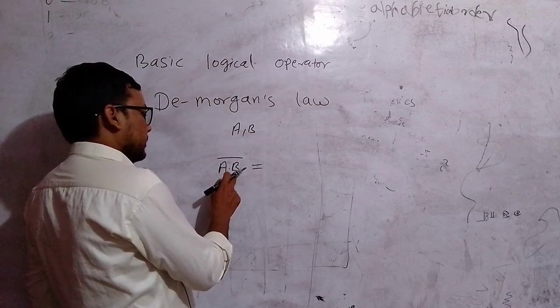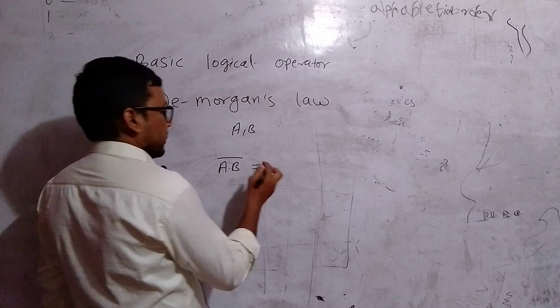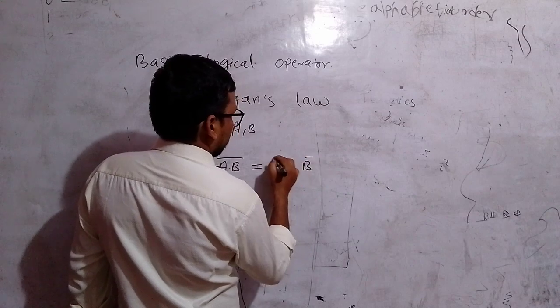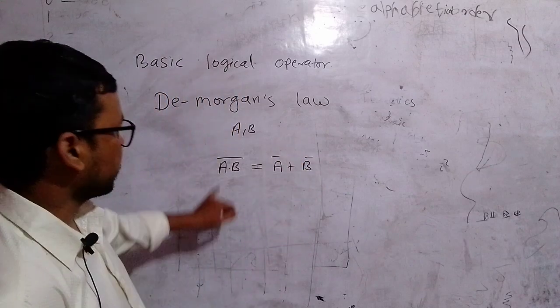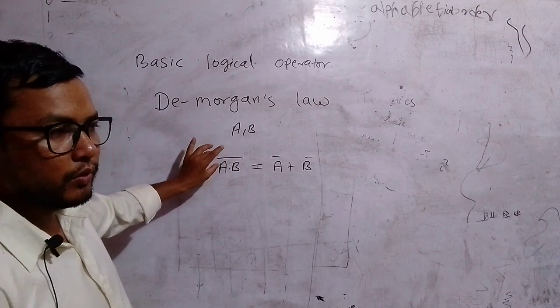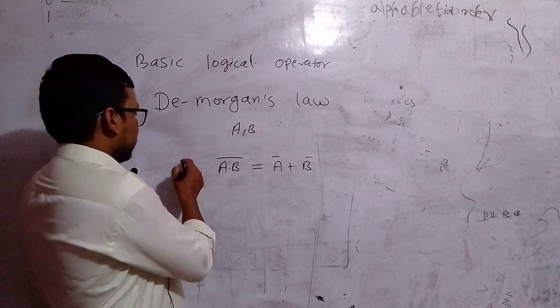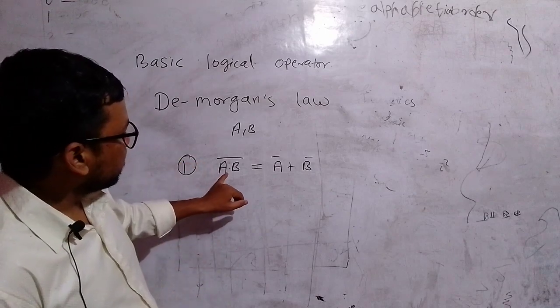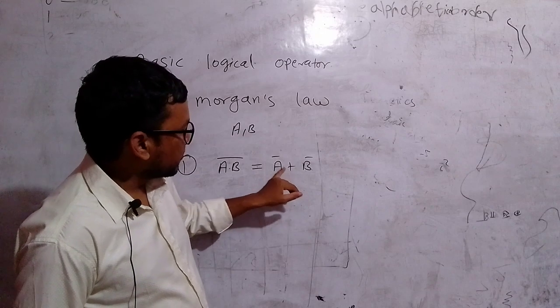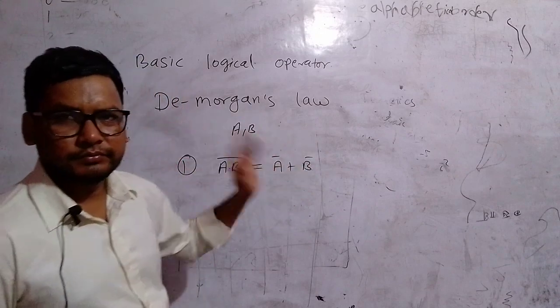What are the terms in this expression? A and B. The sum of the complement of each term. This is De Morgan's first rule: the complement of the product of each term is equal to the sum of the complement of each term.